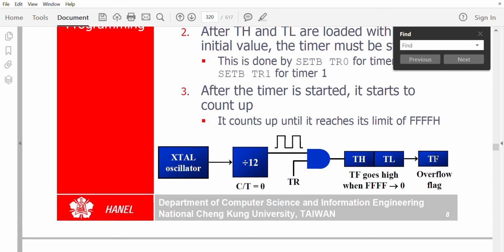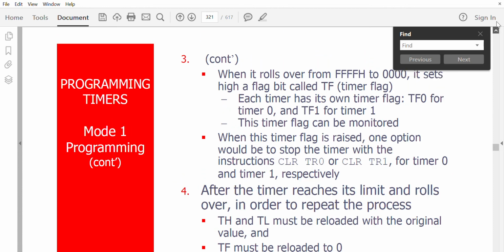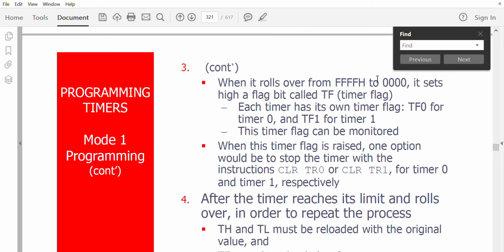When that particular case appears, you have a TF flag, which is called the overflow flag, the timer overflow flag. That will be set to 1 when the timer goes from FFFF to 0000. It sets a flag bit called the timer flag or the overflow flag.